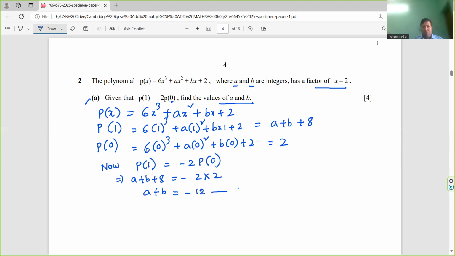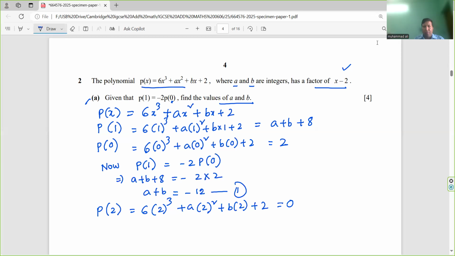This is equation 1. Here they said x minus 2 is a factor. So if we put x value 2 in p(x), we will get remainder 0. 6 times 2 cubed plus a times 2 squared plus b times 2 plus 2 equals 0.